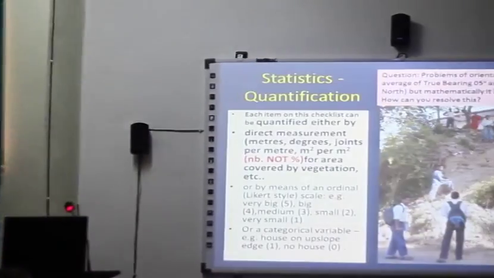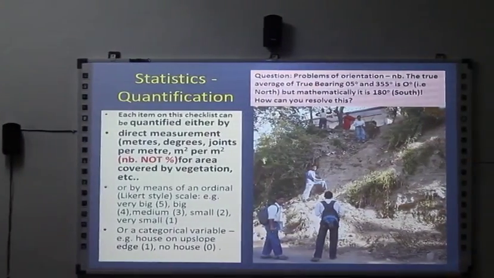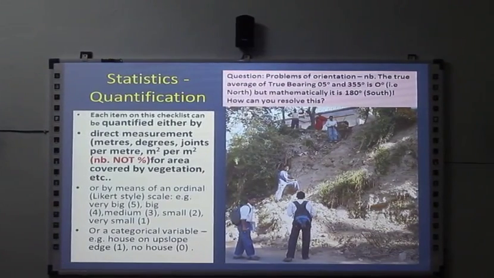The biggest problem in converting data is using true bearing. Compass bearing. And this is why. It's a circular measure, 0 to 360. So if you've got a generally north trending thing, you're measuring true bearings of 5 degrees and 355 degrees, for example. When you convert them mathematically to an average, you get exactly the wrong answer.